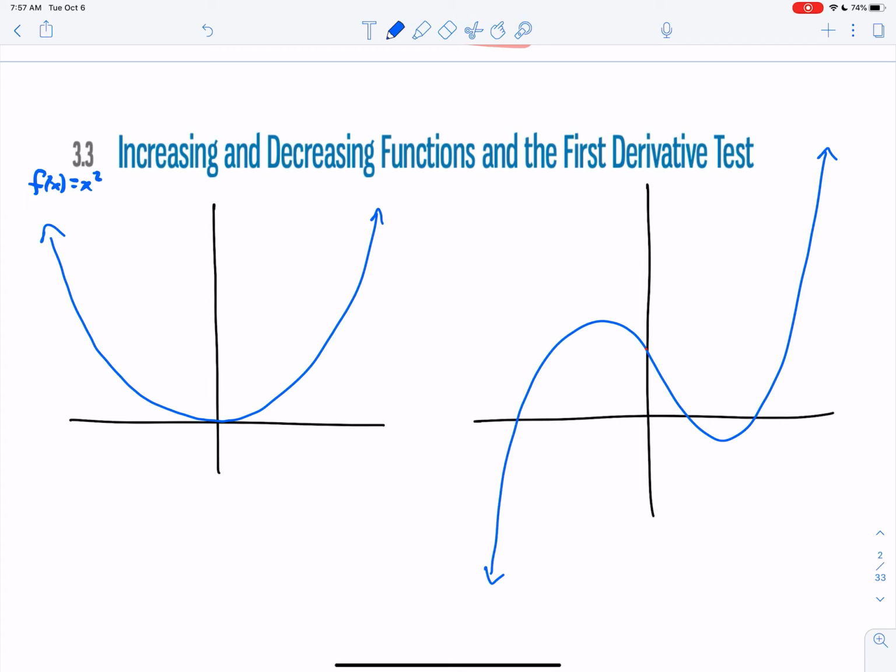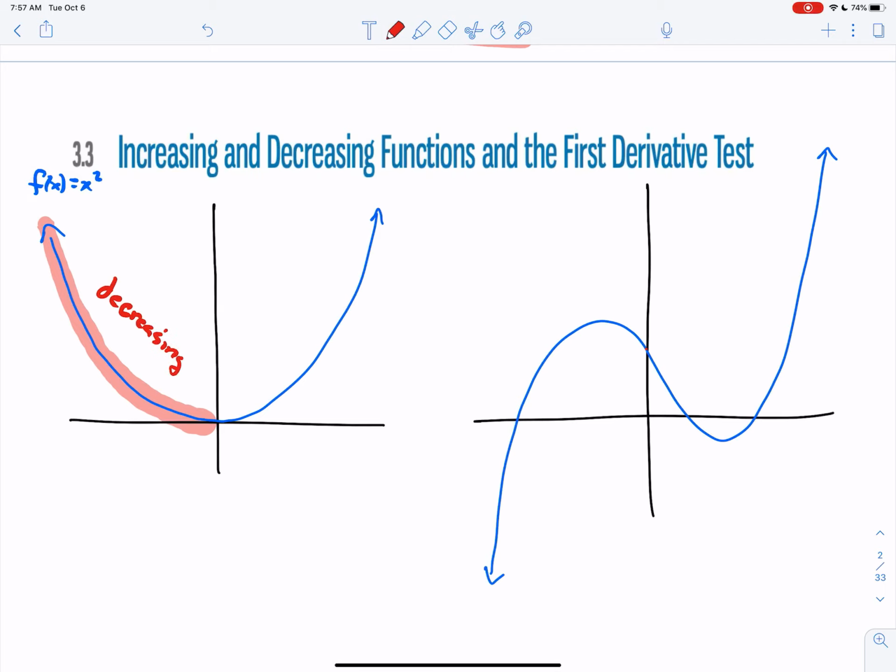Now, if you were to describe it, from left to right, this parabola initially decreases because it's going downwards. So it's decreasing, but then eventually it stops decreasing right about there. So I'm going to make a note that right there it was decreasing because it's going downwards.